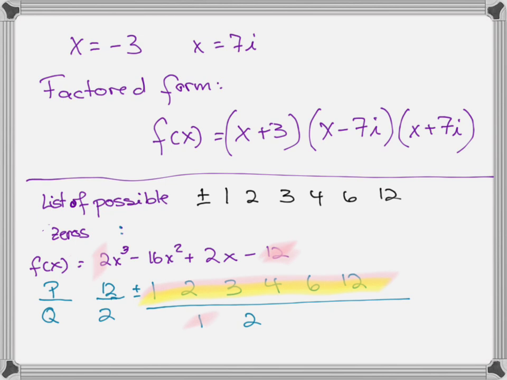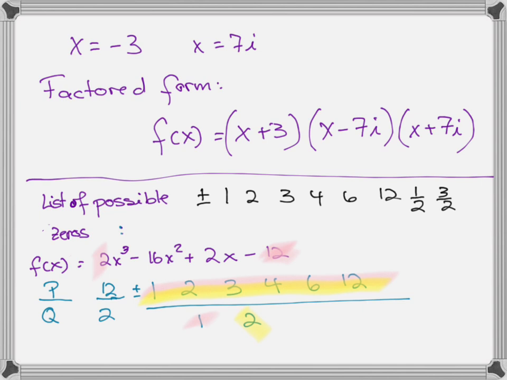So can somebody help me? 1/2 is definitely 1/2. Now the next one would be 2/2, which is 1, right? We already have that. We don't need to write that down. So then we go to the 3. That would be 3/2. 4/2 is 2.